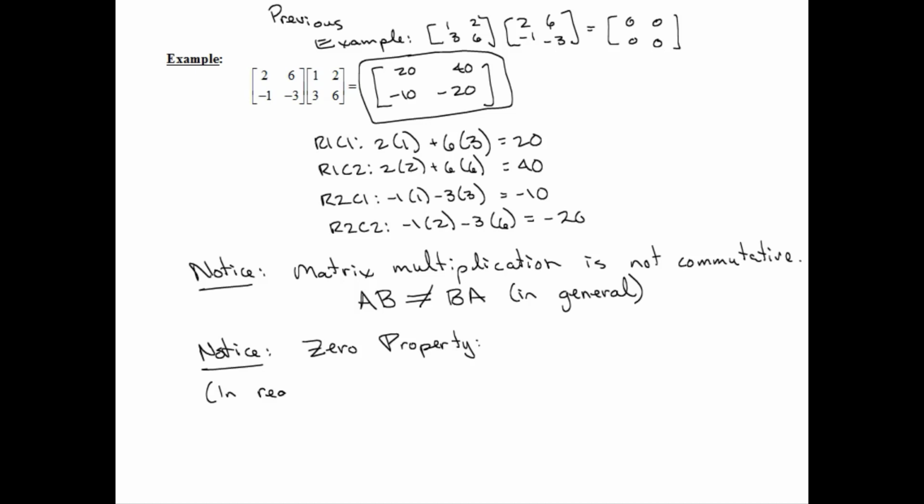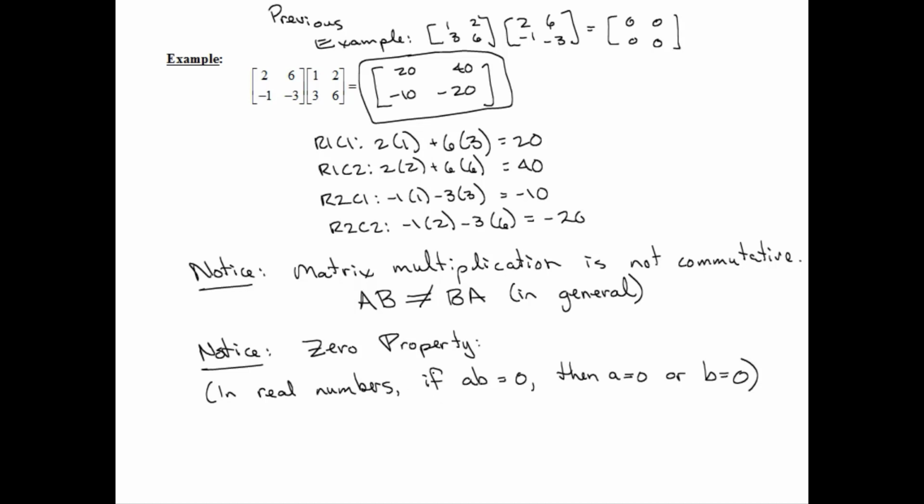In real numbers, if we multiply two numbers A and B together, then we know that A is 0, or else B is 0, or possibly both. This is the property that you use when you use the factoring method to solve quadratic equations, when you factor it and then set each of your factors equal to 0. We can't do that with matrices because this property does not hold.